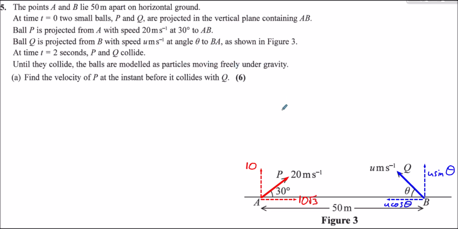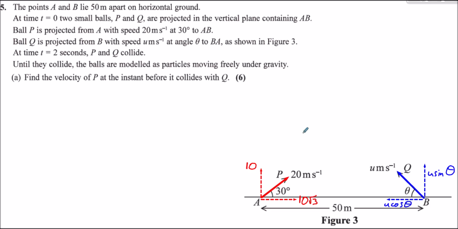So there will be acceleration due to gravity in the vertical direction, but because no air resistance is being mentioned, the horizontal velocities will be constant because they're not going to suffer from any air resistance.